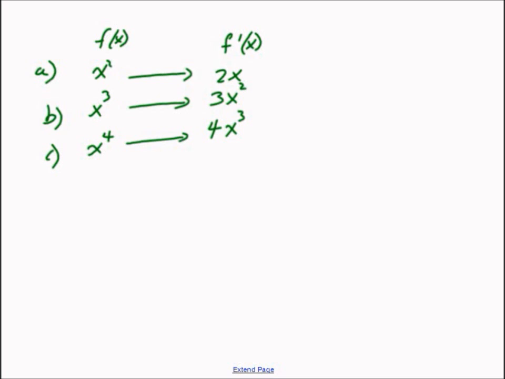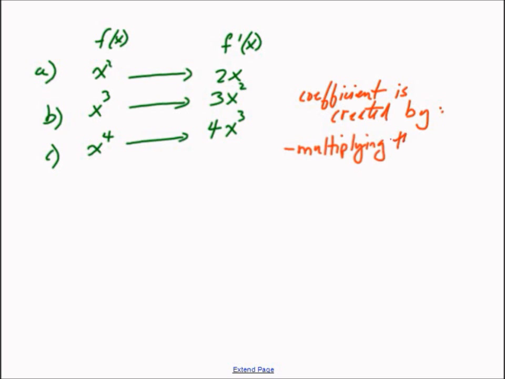The pattern actually is the coefficient is created by multiplying the coefficient by the exponent.